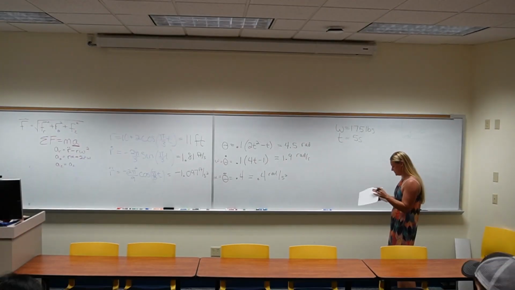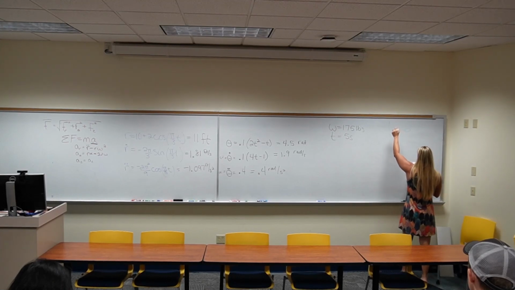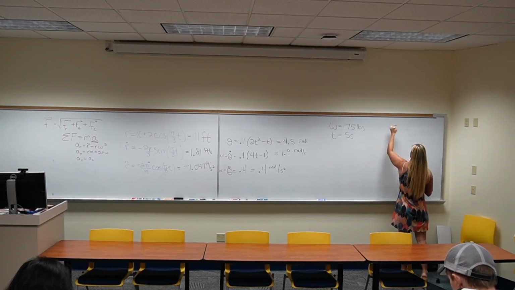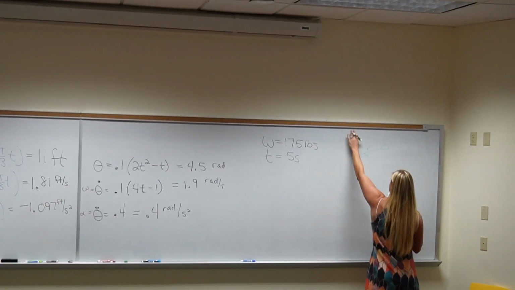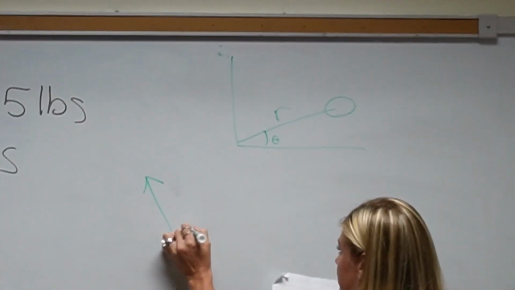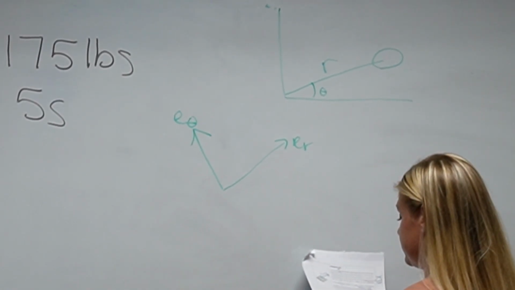What is your free body diagram going to be? This is almost like looking down the Z axis. How would you draw your free body diagram if I wanted to look at the plane e_r and e_theta, the radial and transverse?